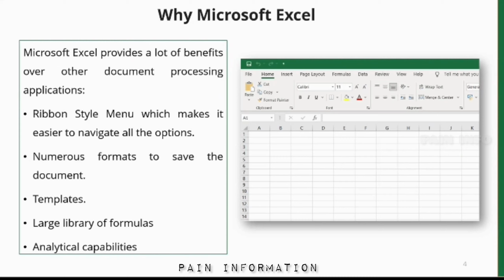Now you must be thinking, numerous formats for Microsoft Excel? Well, yes. Sometimes if you require a Microsoft Excel file to be converted to a CSV file, you can do that. You can also save a Microsoft Excel file in PDF format as well. So there are numerous formats that you can save a Microsoft Excel file in, and not just in the XML format.